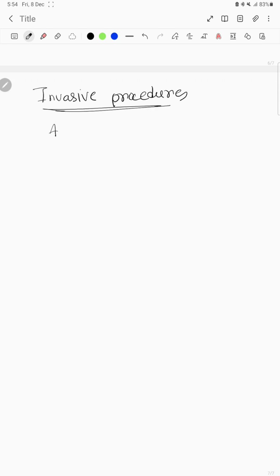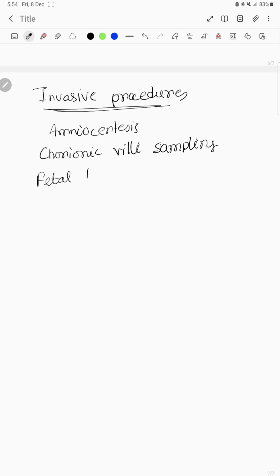Invasive procedures are amniocentesis, chorionic villi sampling, and fetal blood sampling. There are other invasive procedures also, but I am not listing them here.